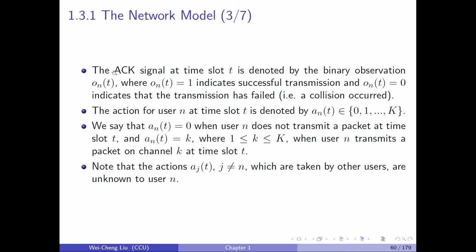The ACK signal at time slot t is denoted by the binary observation O_n(t), where O_n(t) equal to 1 indicates successful transmission, and O_n(t) equal to 0 indicates that the transmission has failed, that is, a collision occurred.